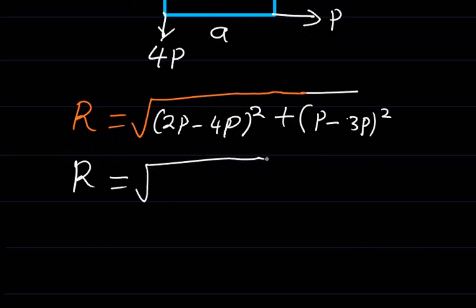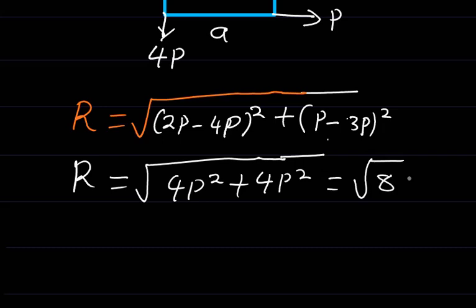So this is going to be equal to the square root of minus 2p squared, that's going to give me 4p squared. Here I still have minus 2p squared also, so that will still give 4p squared. Everything is going to be 4 plus 4, that is 8p squared.